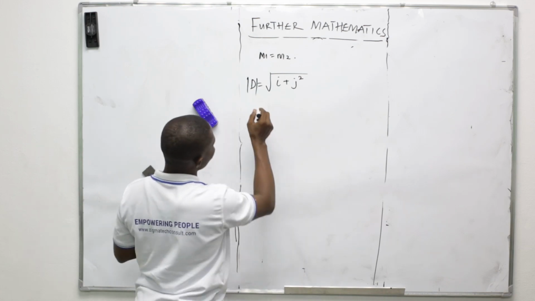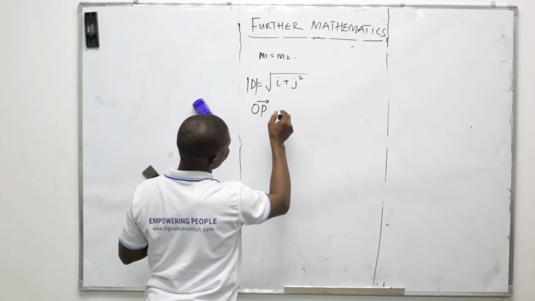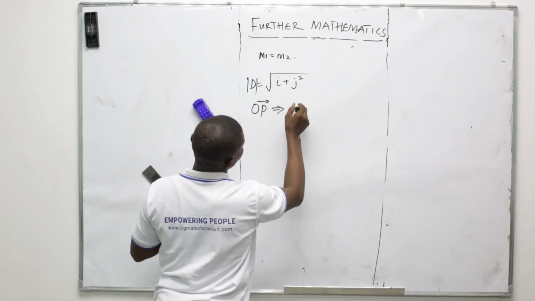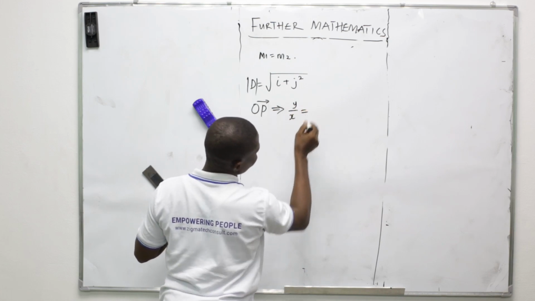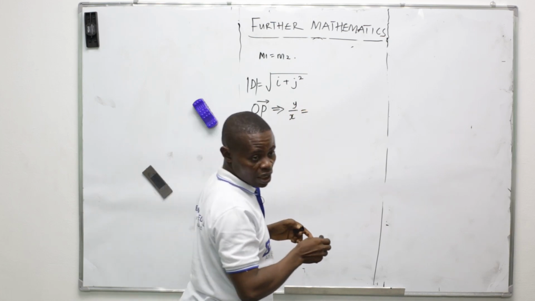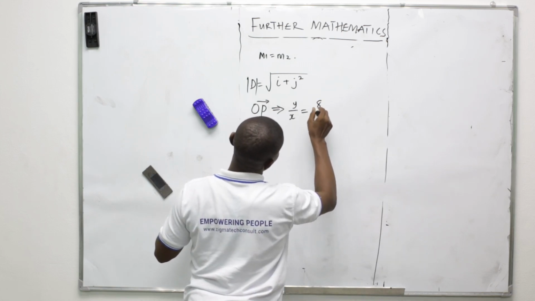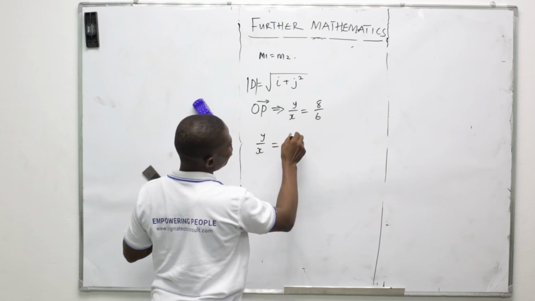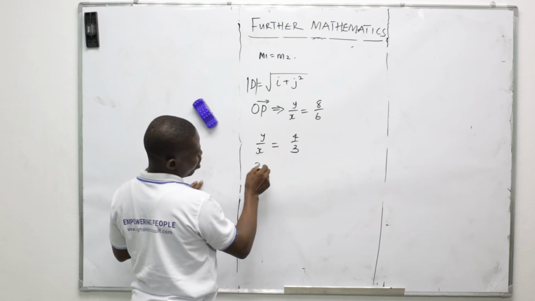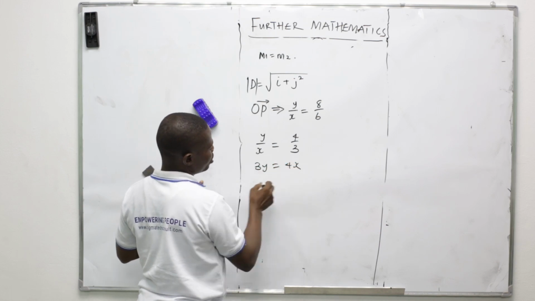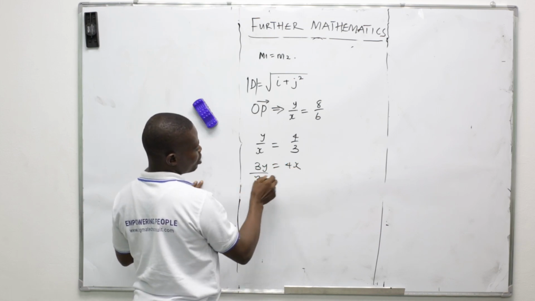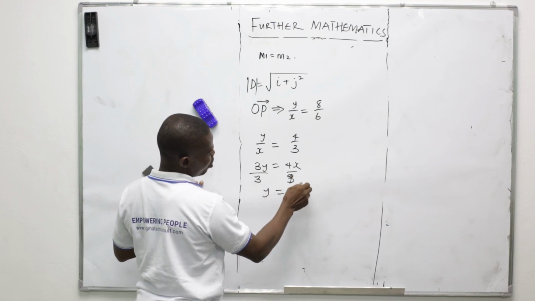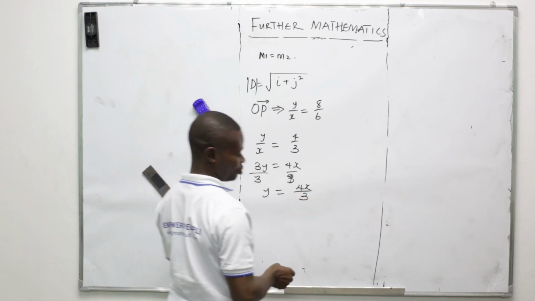So for OP, let's get the gradient of OP. OP implies that y all over x equals j all over i, that is 8 all over 6. Y over x equals 4 over 3. So that 3y equals 4x. Making y subject of the formula, we have that y equals 4x all over 3.